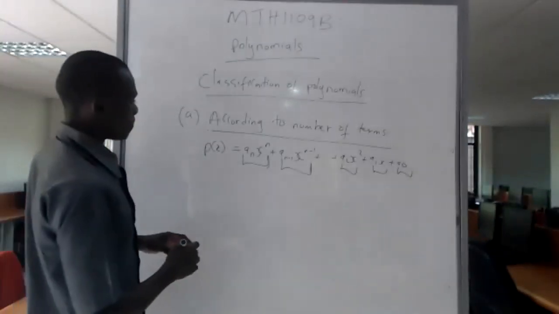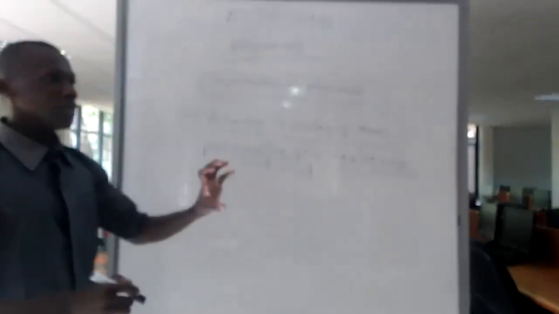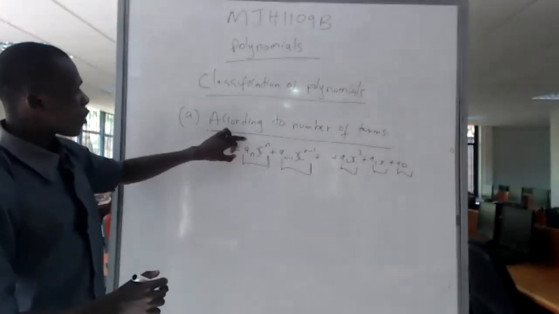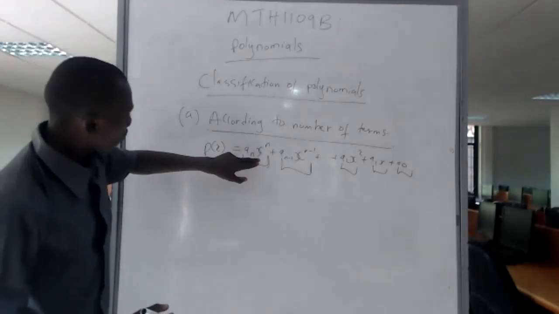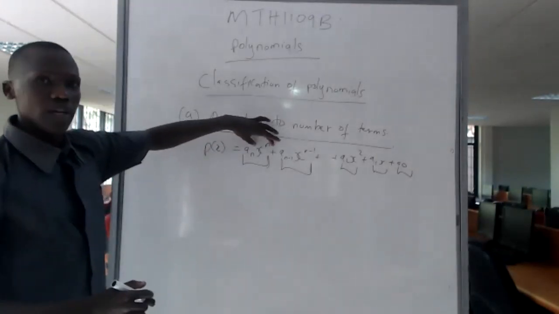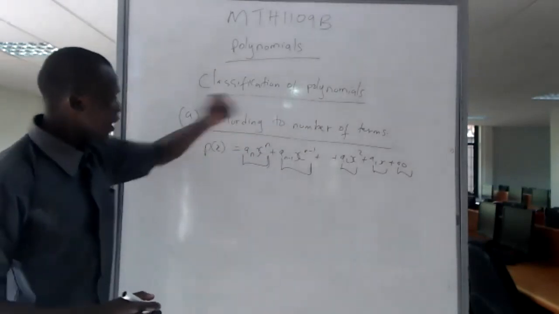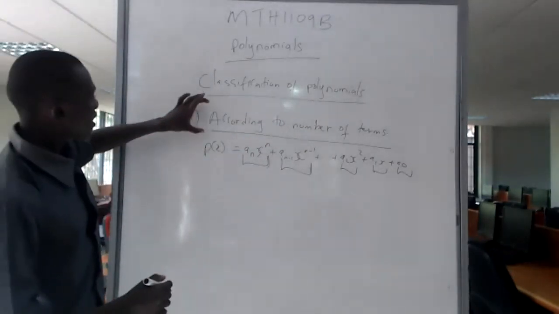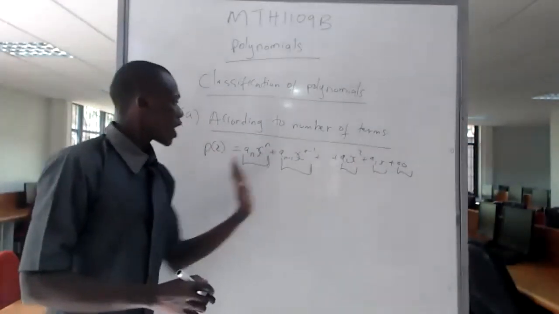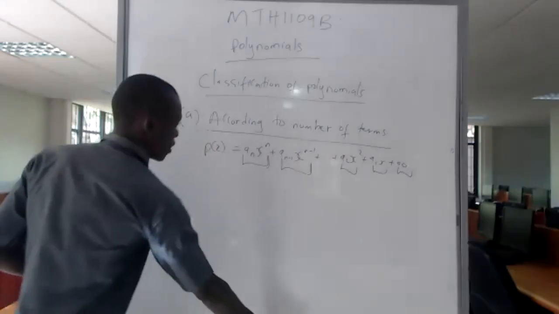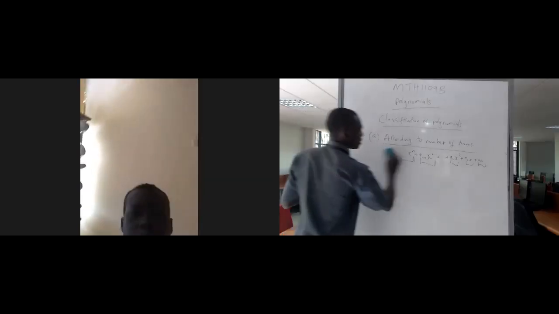And then, a term is simply the product of a coefficient and a variable raised to some exponent. The powers are called exponents. So in classifying according to number of terms, you simply count the number of terms in your polynomial. Let me give you examples to make this clear.